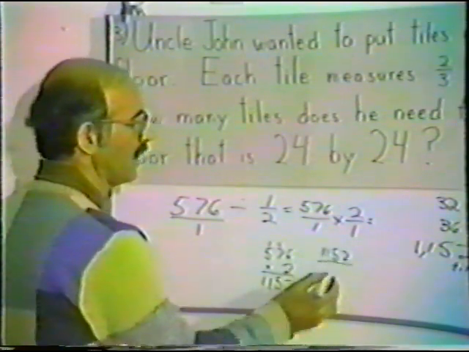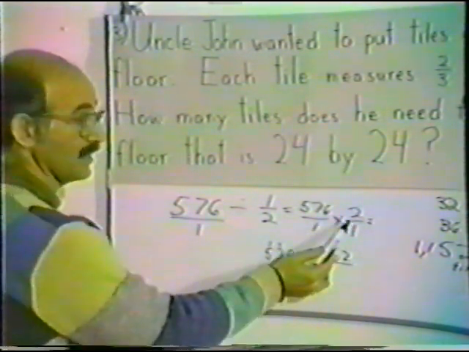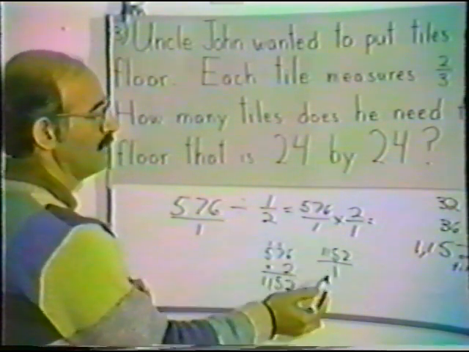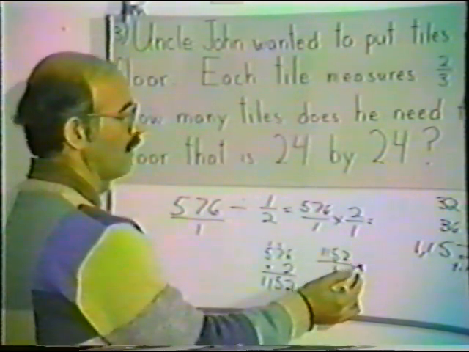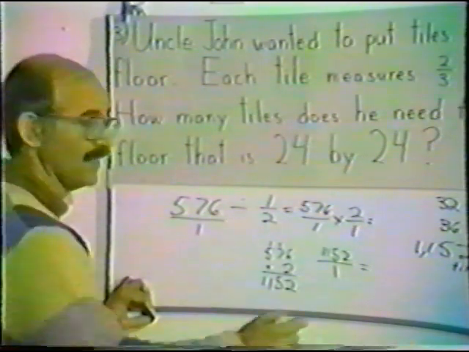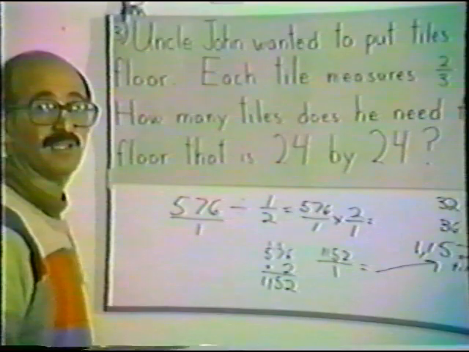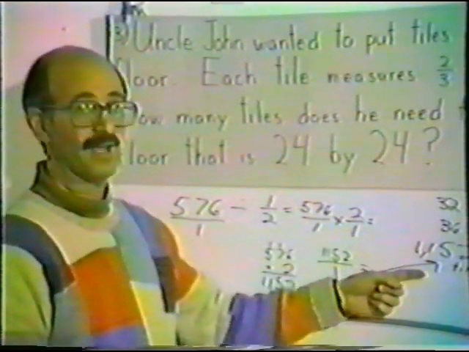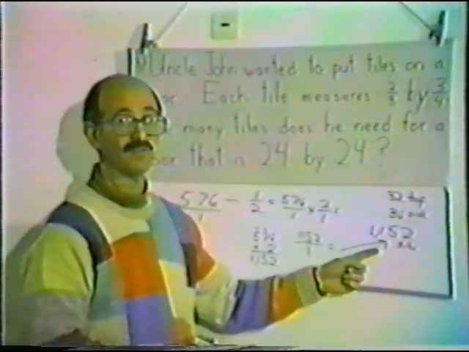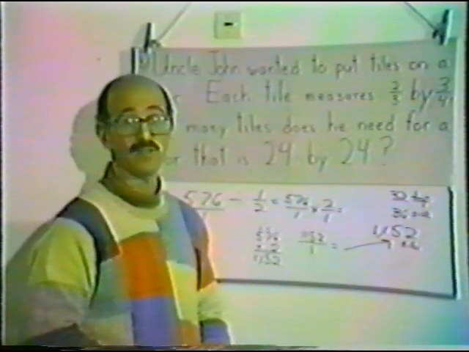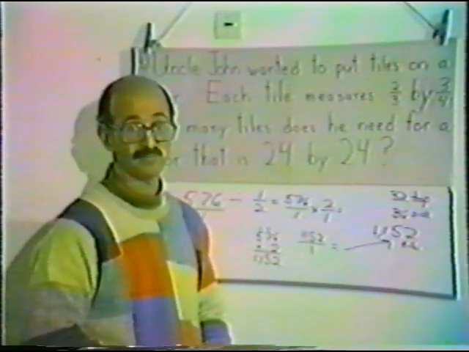We multiply across the bottom. 1 times 1 is 1. And 1152 over 1 is the same thing as 1152. The same answer that we got the other way.